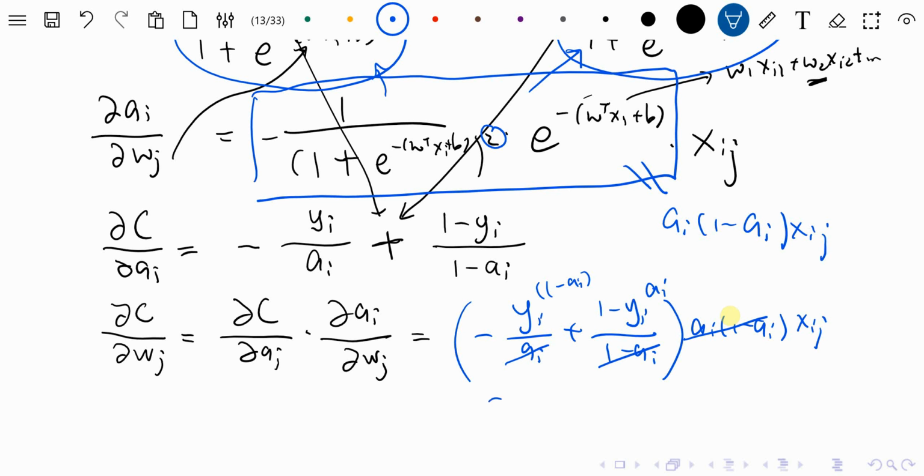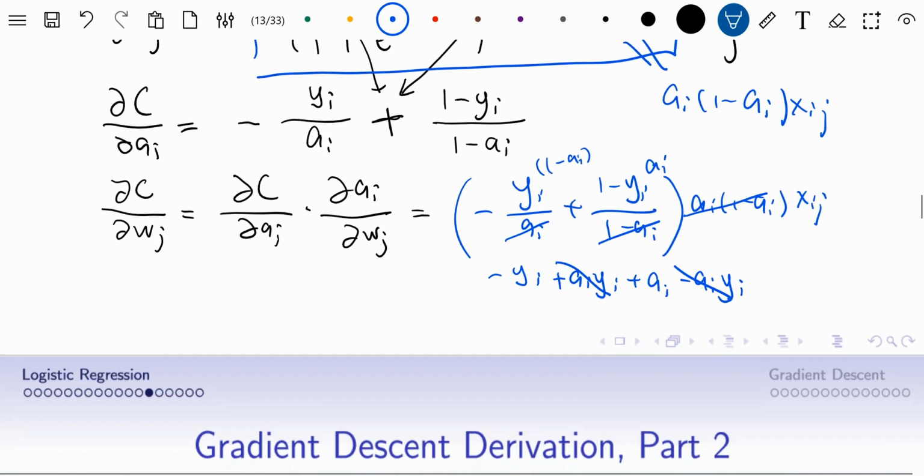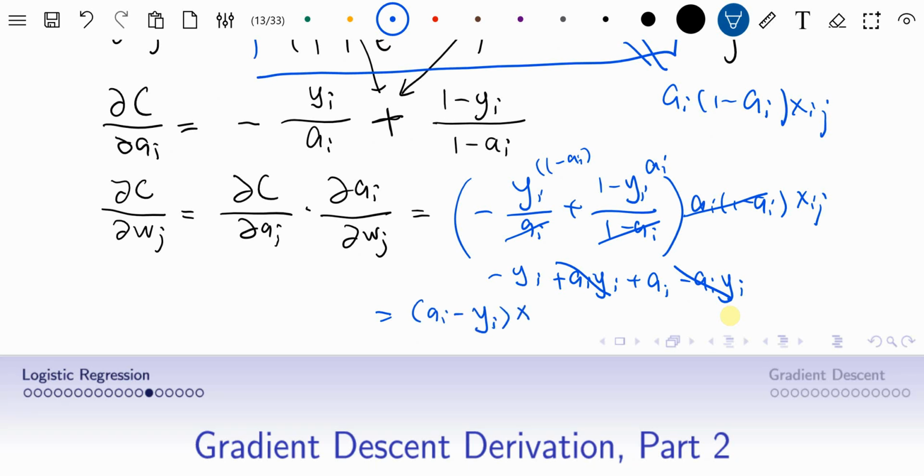So this becomes minus yi plus ai yi plus ai minus ai yi. So these two cancel out. So the only thing that's left is ai minus yi times xij.